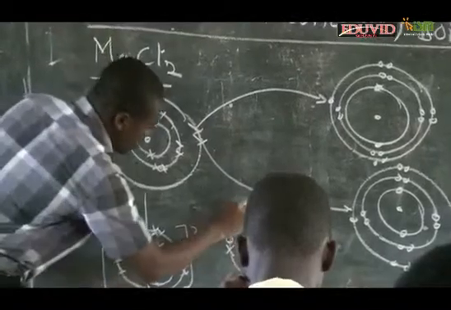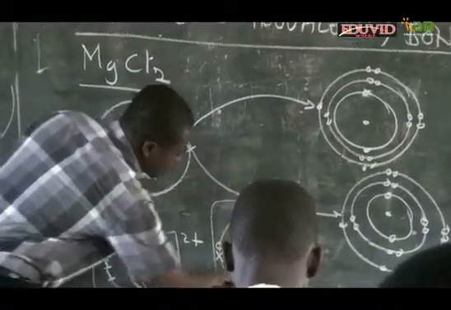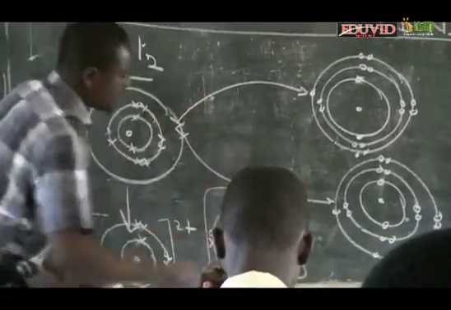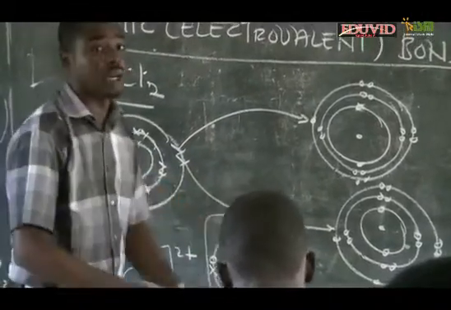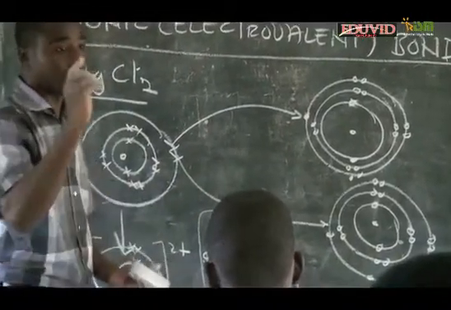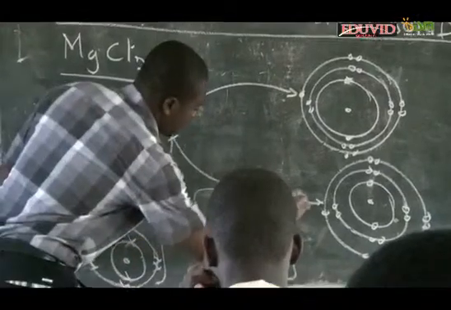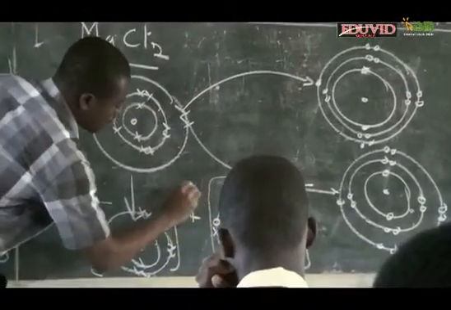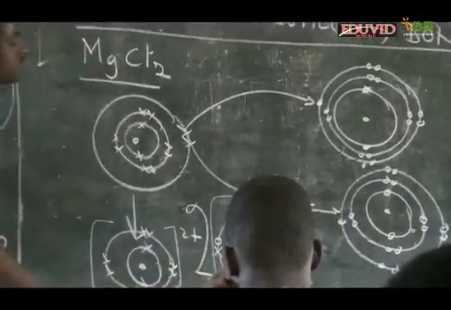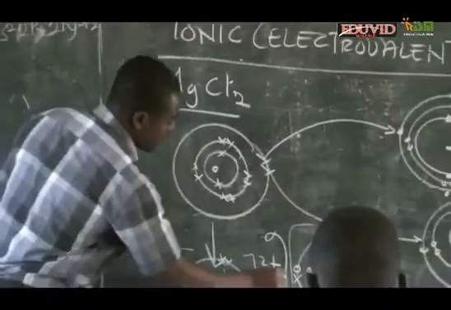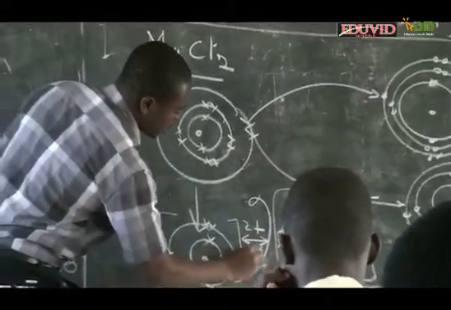Is that okay? But don't forget the charge on these: each of them is just -1 because they accept only 1 electron. So this is -1, but because they are 2, we put a big 2 in front. Is that okay? So you have the attraction between the 2. So this is where the ionic bond is.